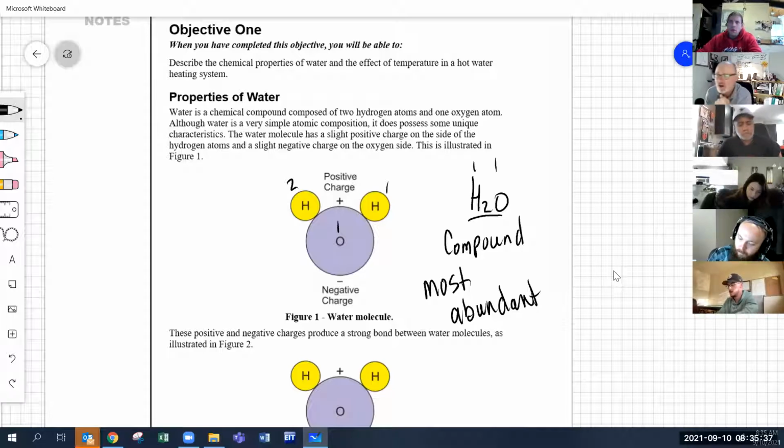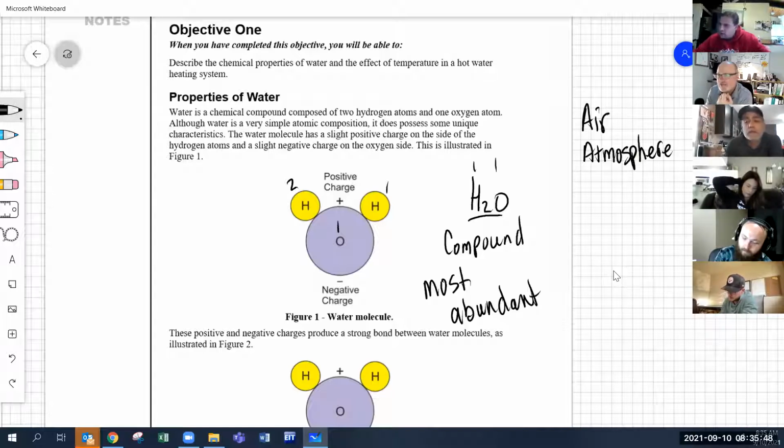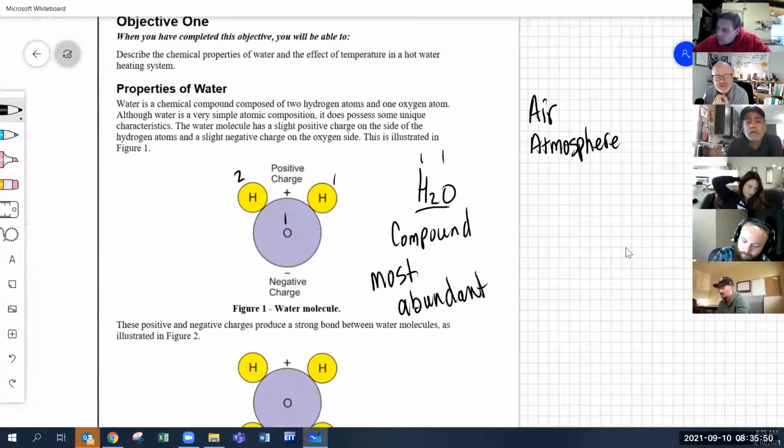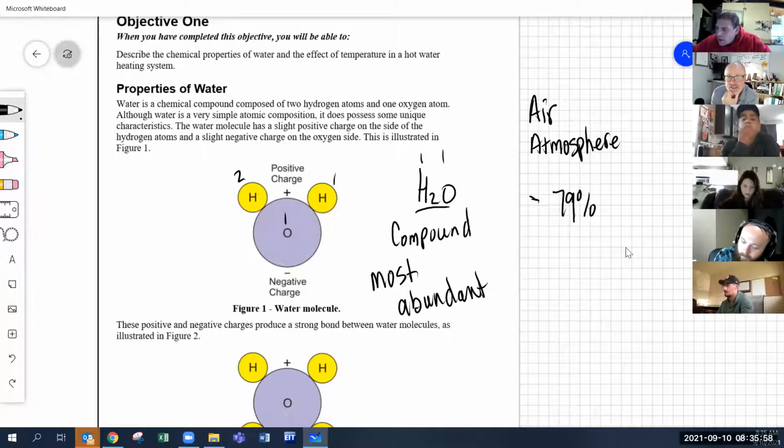And while we're on Earth, do we know what the air in our atmosphere is made of? Does everybody know what our atmosphere is made of? Nitrogen. Anybody? What's that? Nitrogen? 79% is nitrogen.